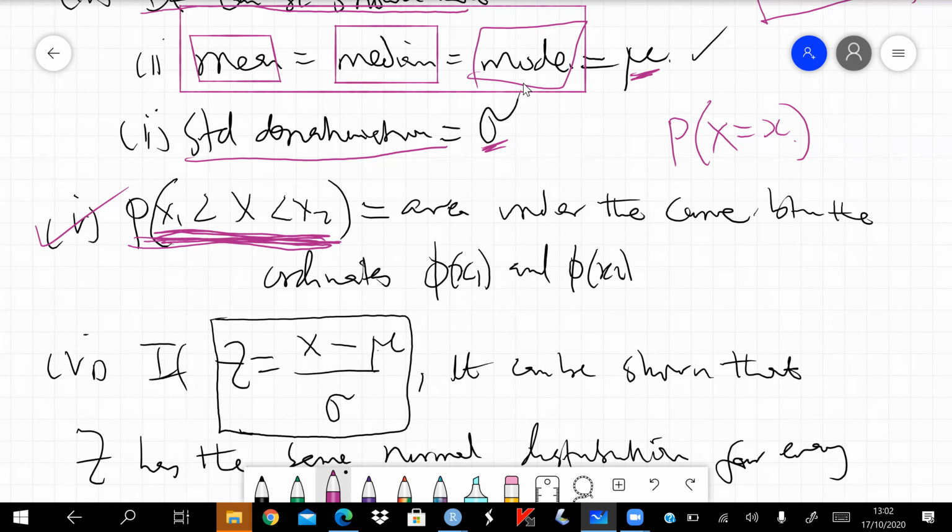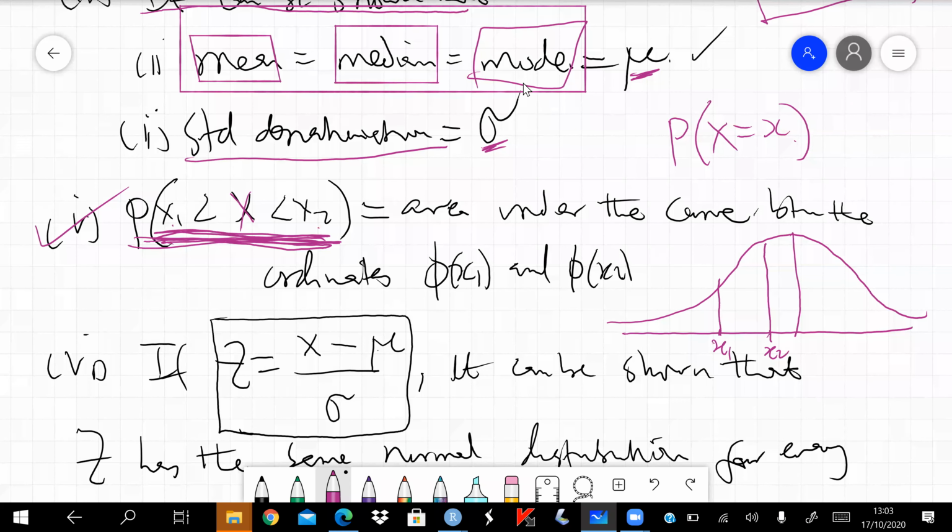So like here, we are saying that the probability that x takes the values between x1 and x2. So we usually talk about something like this. We don't talk about the probability that x is equal to, let's say, x1. We never talk about that. We only talk about the probability that x is within those 2 points like that.